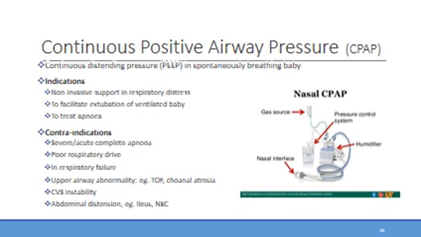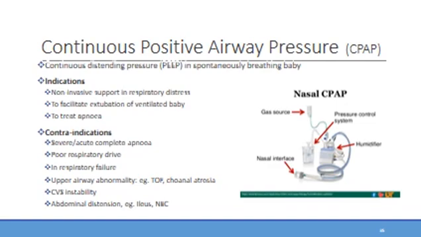There are certain contraindications for the use of CPAP, and firstly, if you have a severe or prolonged apnea, it may not be able to help the baby. If the baby has very poor respiratory drive, especially due to central suppression or depression, it may not be adequate. In respiratory failure, the baby might just be too ill for CPAP to work, and invasive ventilation might be indicated. In a baby with upper airway abnormalities, such as choanal atresia, obviously it will not work.